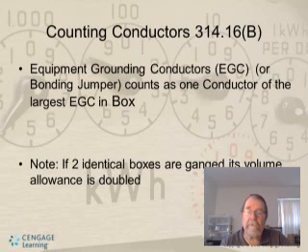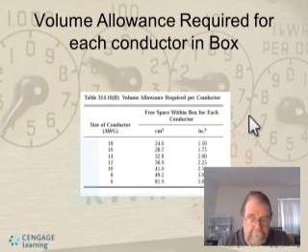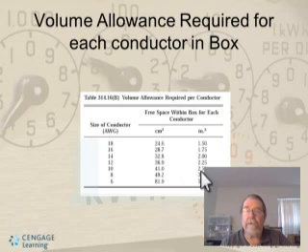So if you have two boxes and you put them side by side to make one large box, then they add together. And then you get into the allowances. Again, we see this table. It shows the conductor size and how many cubic inches each conductor takes inside that box.